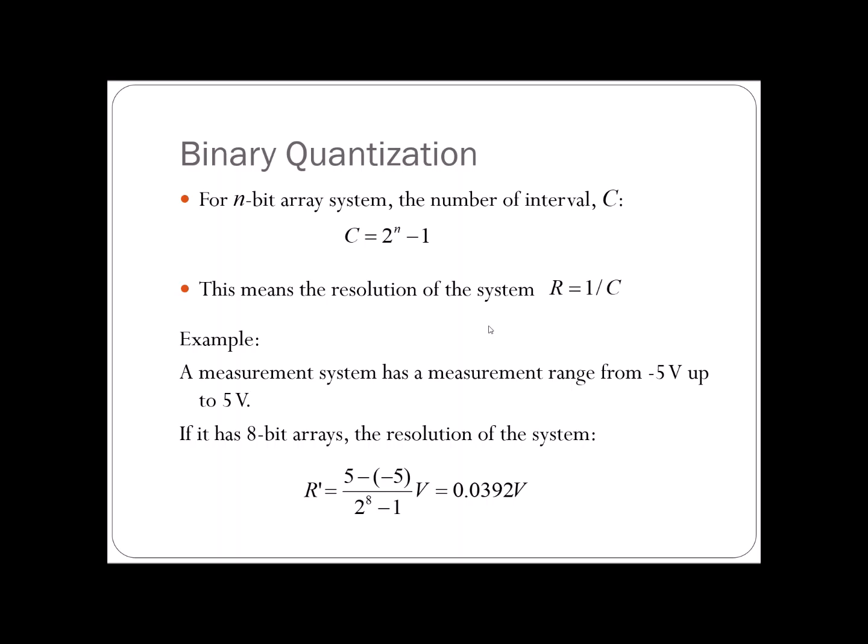But then you will discretize it with 8-bit arrays. 8-bit means you will have only 2^8 - 1 intervals, while the range of your measurement system is 10-fold. So the resolution of your system will be 10-fold divided by the number of intervals, 2^8 - 1, which will be equal to this value.